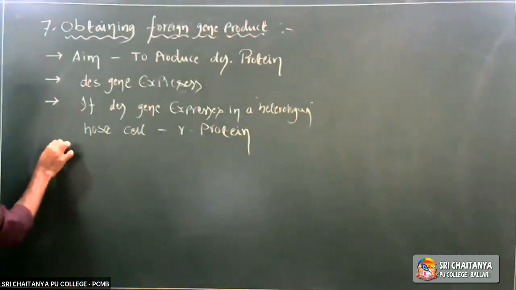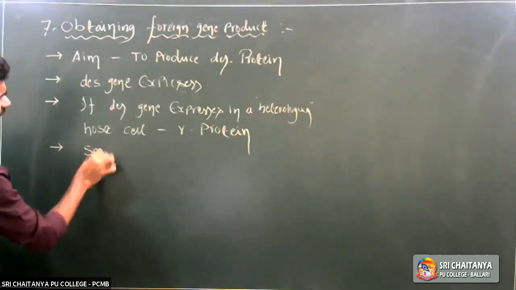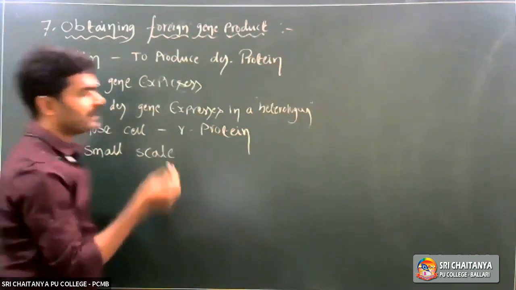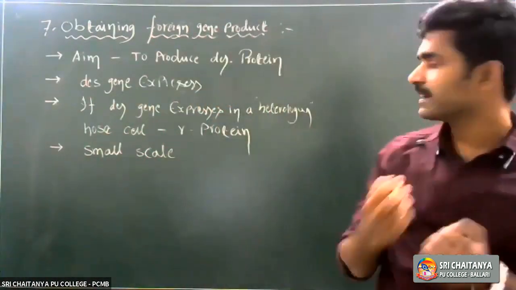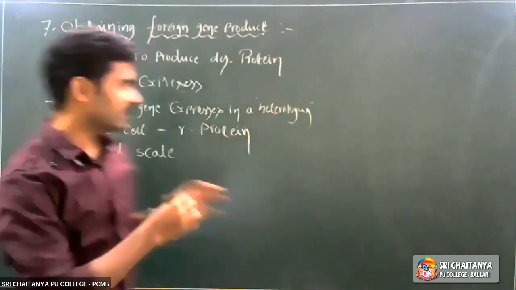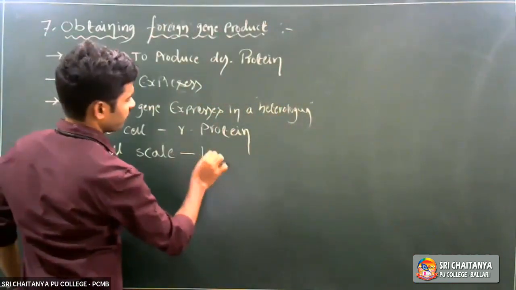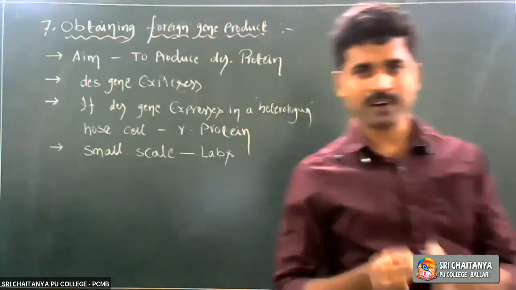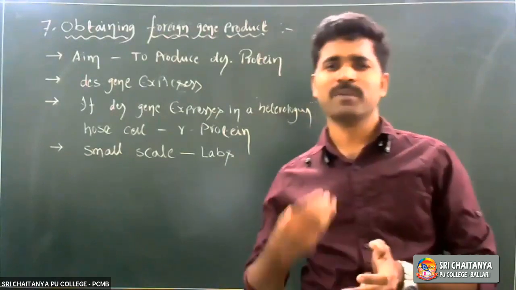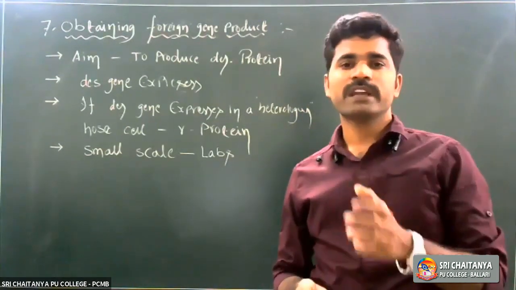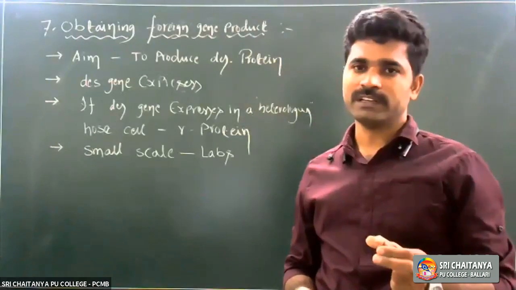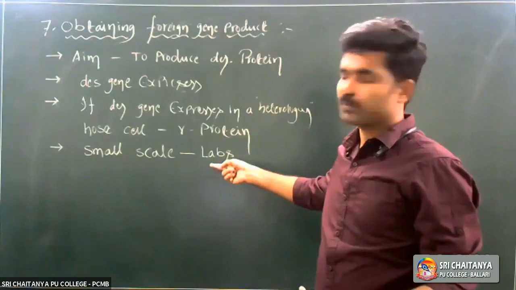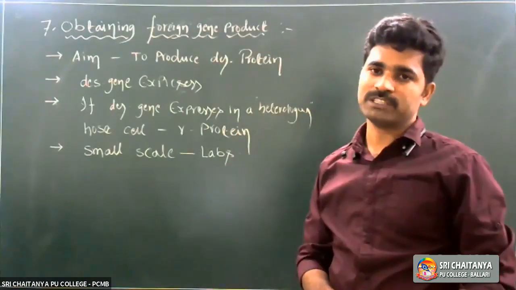And one more thing, if we require the desirable product in small scale, we culture it in laboratories. Whether the desirable product is a protein or enzyme or hormone, whatever it may be, if we require it in very small quantity, we produce that product in laboratories in Petri plates.